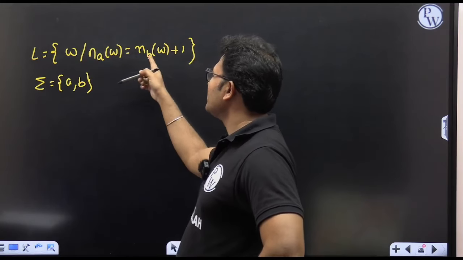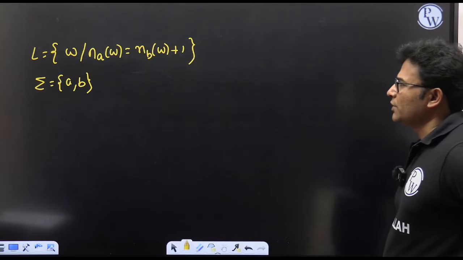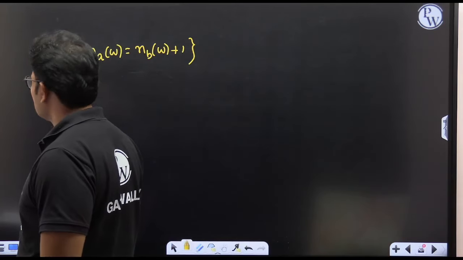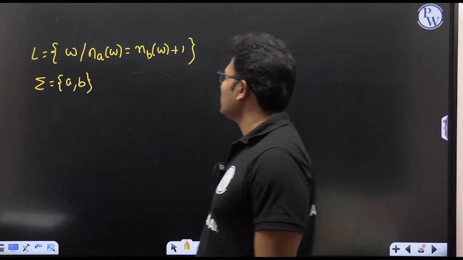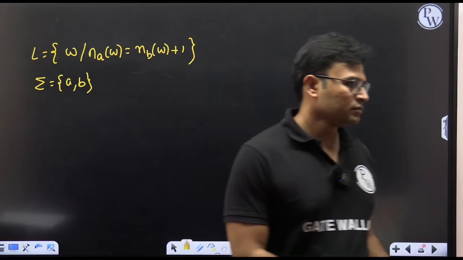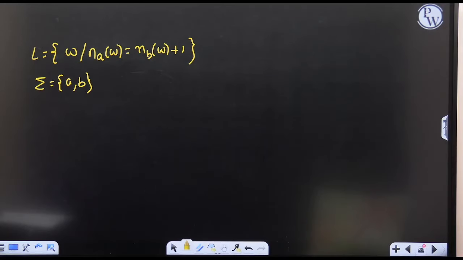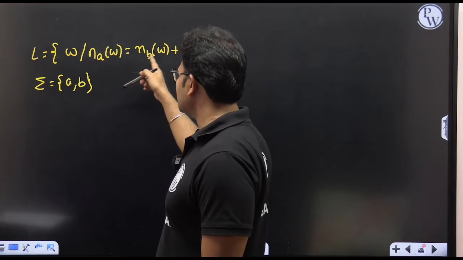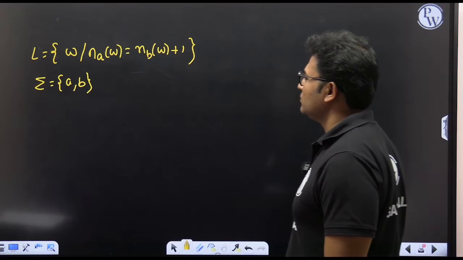So the number of A's should be more than the number of B's, by 1. The number of A's in W should be equal to the number of B's in W plus 1.